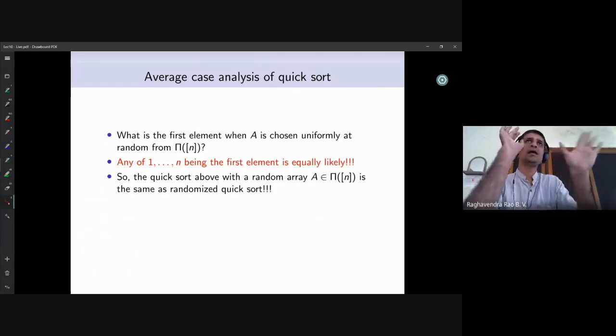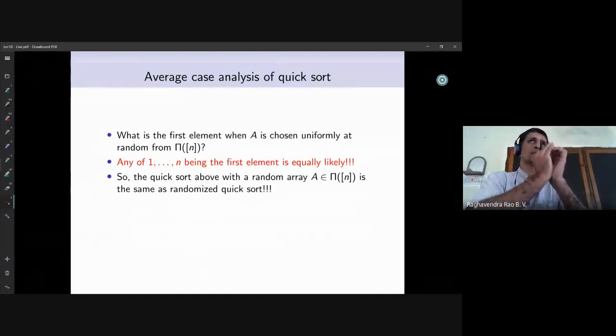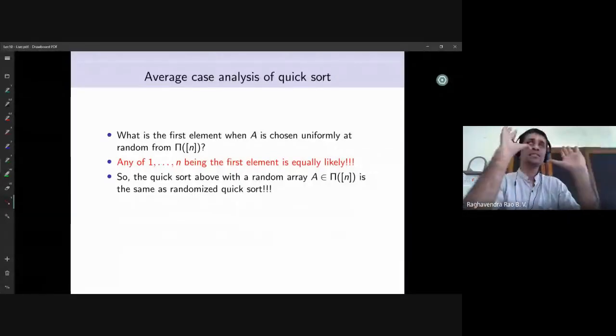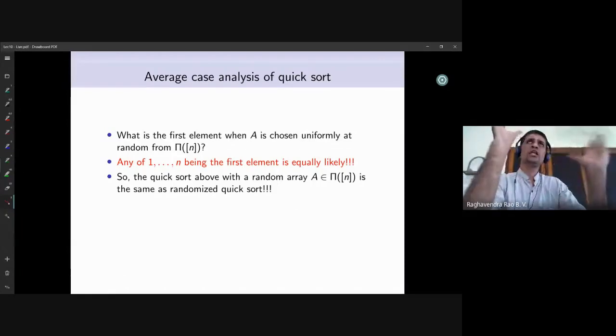You can imagine a randomized algorithm as a random experiment. You're observing some outcomes, maybe the number of comparisons or running time, or any other properties. Similarly, a deterministic quicksort with a random permutation is also a random experiment. So from our observation, as random experiments, they're essentially the same.